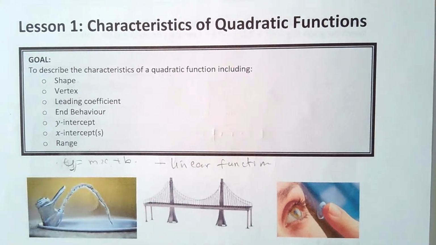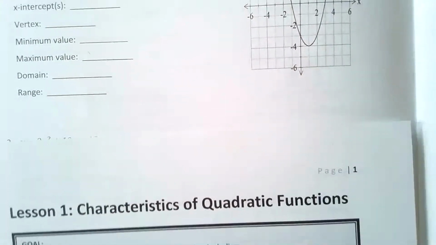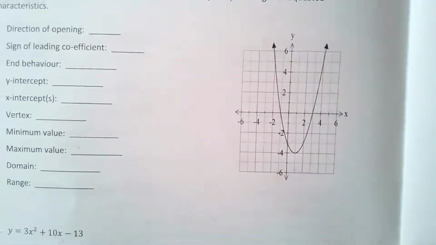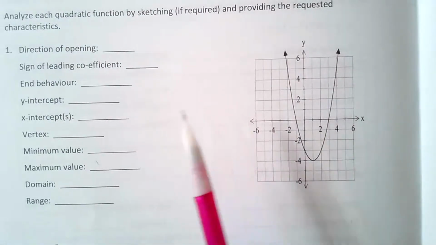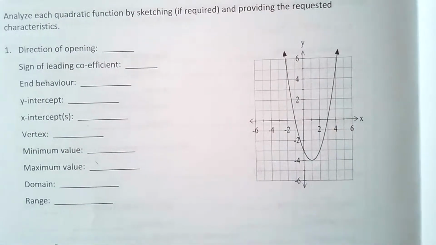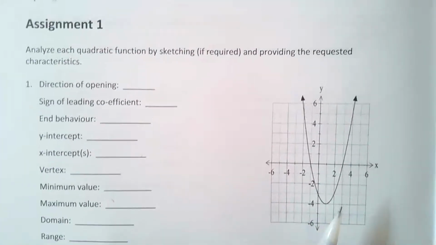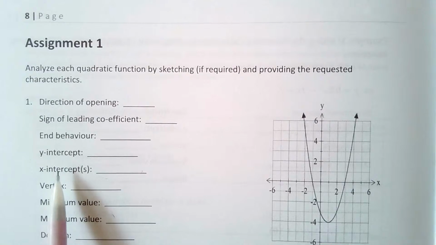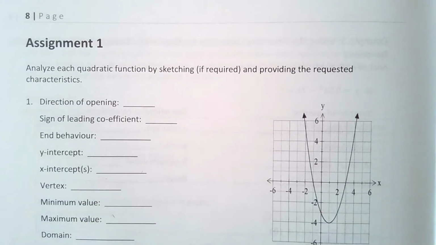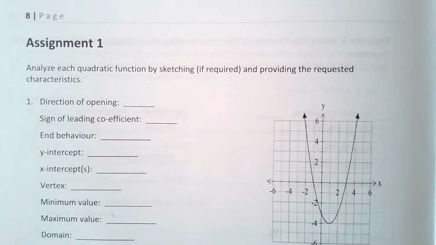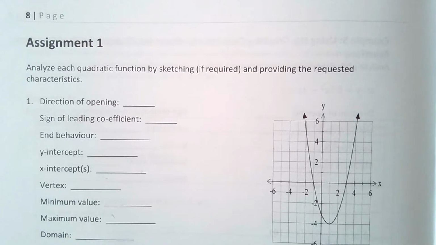For today's lesson, we looked at graphs where you're given the graph and you're asked to find the characteristics of that graph. Your assignment for today is assignment 1, practice assignment, question 1 on page 8. And for your hand-in assignment, assignment 1, also question number 1.